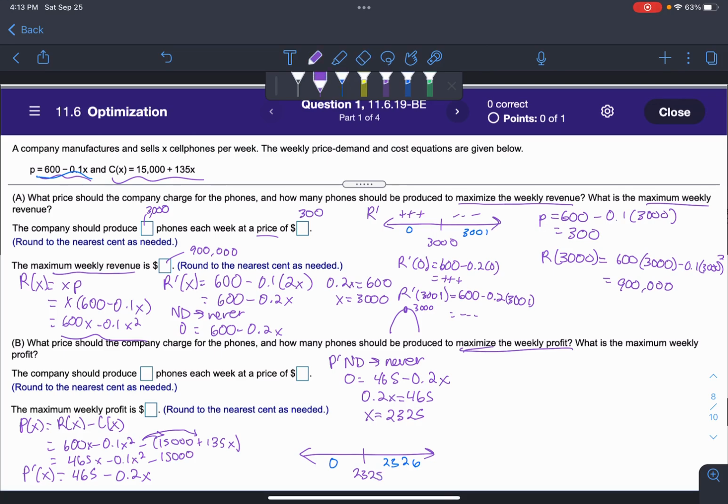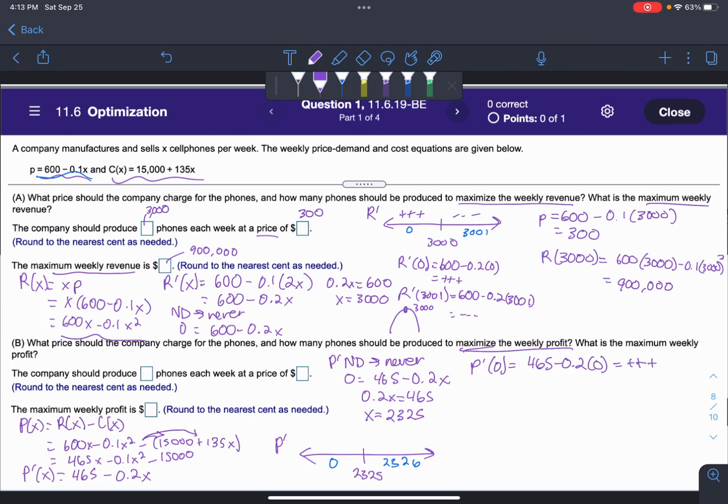All right, so let's plug those test points into my first derivative. I'll make this a little smaller so we have room for the other questions. At 0, that gives me 465 minus 0.2 times 0, so this will give me a positive number.